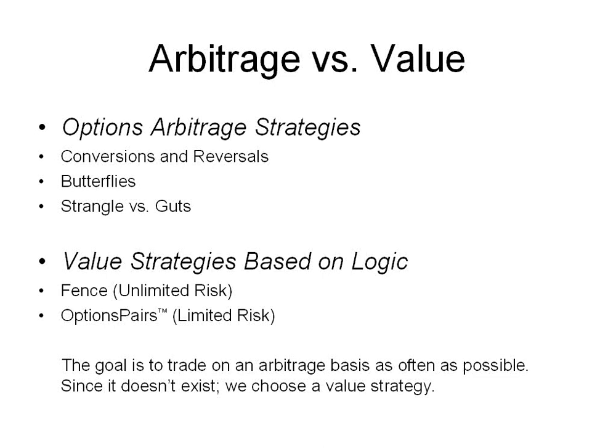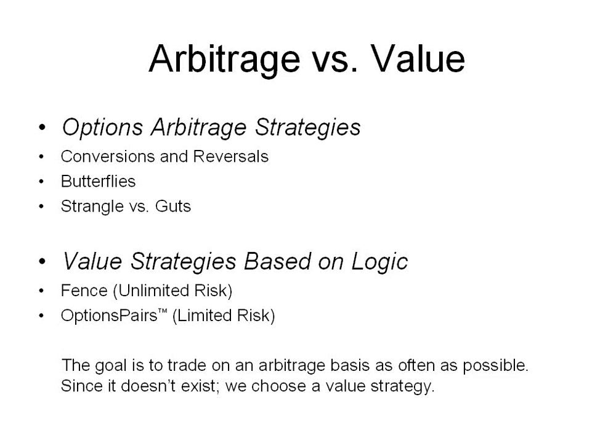Unfortunately, we can't do arbitrage positions. They don't really exist because we have market makers in the pit who establish the markets in such an effectively tight manner. Arbitrage opportunities are not there. But I think what we do have to look at these days are fences and options pairs. Fences take advantage of inherent skews and the way things are priced.